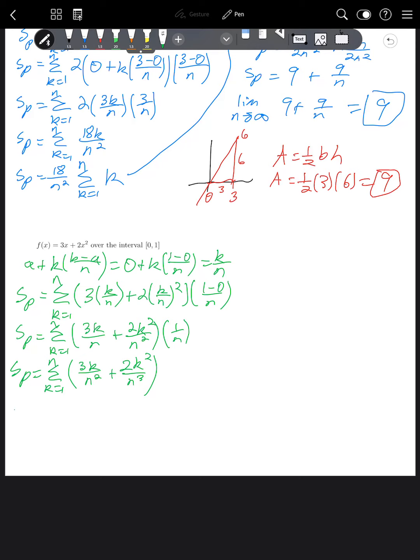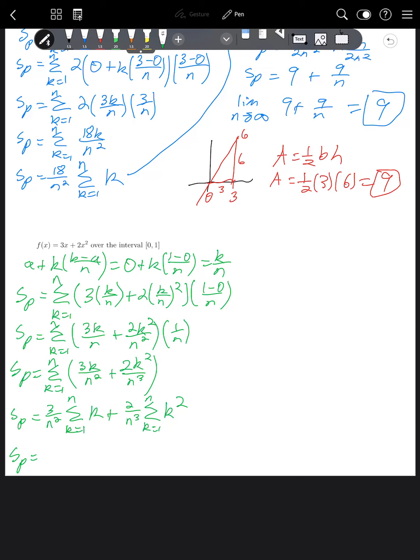Then break this sum up and bring out the constants. So this is S sub p equals 3 over n squared times the sum k equals 1 to n of k, plus 2 over n cubed times the sum of k equals 1 to n of k squared. And so now we can use our sum rules.